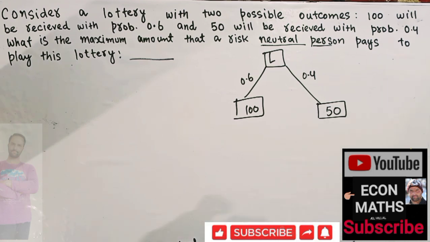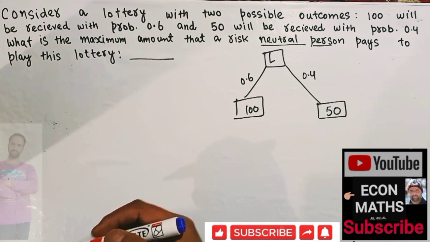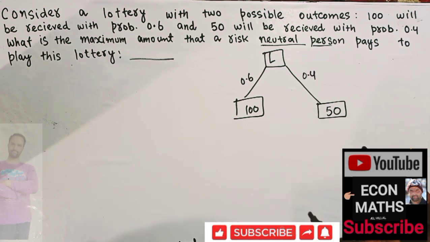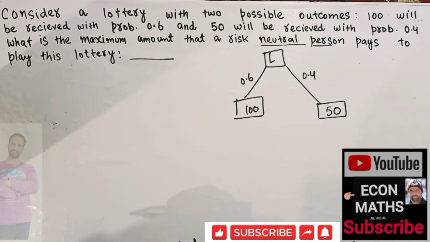Okay, it is actually very simple. A risk neutral person will pay the expected value of a lottery. So the maximum amount that a risk neutral person will pay to play this lottery will be equal to the expected value of the lottery.